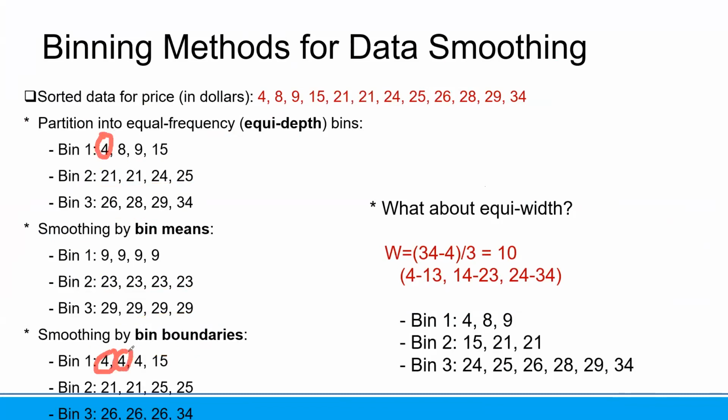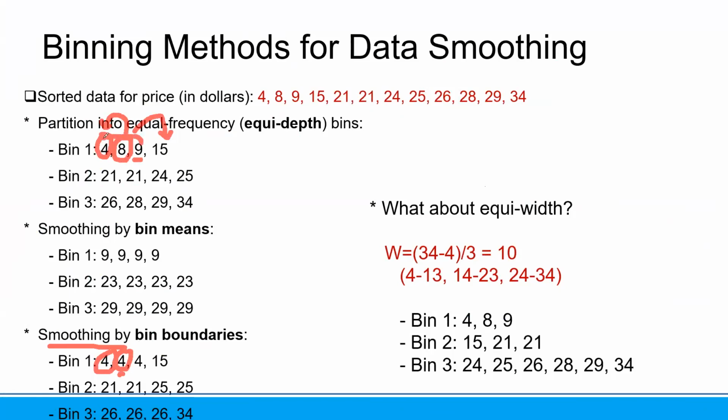We put the minimum because 8 is closer to 4 rather than 15. If we check the distance, 8 and 4 have a distance of 4. But 8 to 15, the distance is 7. So it is far from 15. So we make the smoothing value the lower bound. We set it to 4.